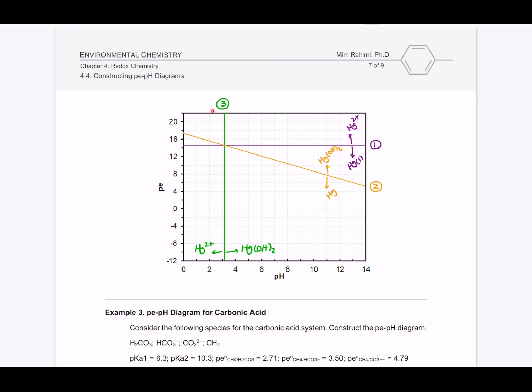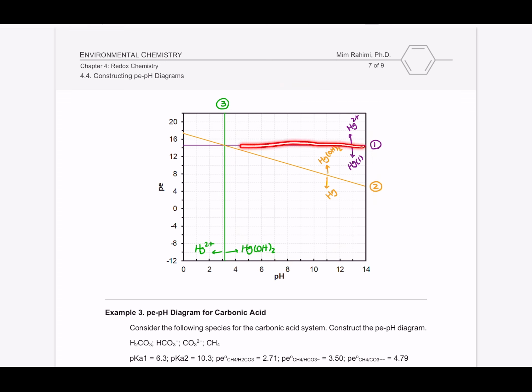So line 3 is telling me Hg2+ dominant here, HgOH2 dominant here, right? And let's take that as a reference. By taking that as a reference, let's focus on line number 1. Line number 1 is going into this region, also this region. The regions are divided by line 3. So line 3 is saying this is the territory of HgOH2.